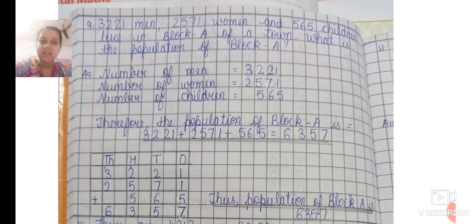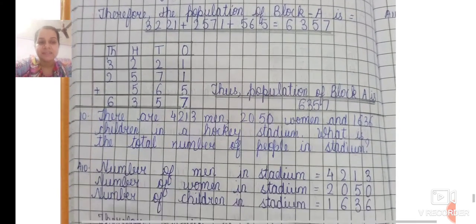So you will write, thus population of block A is 6357, because we are finding the population. Now we move on to the sum 10.